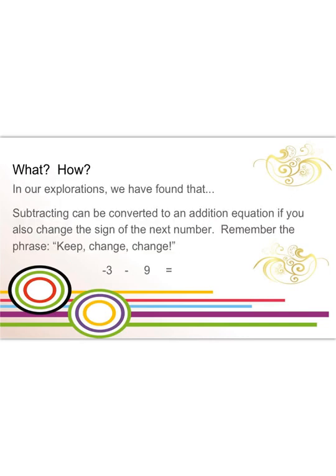So looking at what we just did with those 6 problems, in our exploration we found out a couple of things. We saw that subtracting can be converted to addition, but you have to change the sign of the next number. Now you might have heard the phrase keep, change, change. That means you're going to keep the first number, change subtraction to addition, and change the sign of the following number.